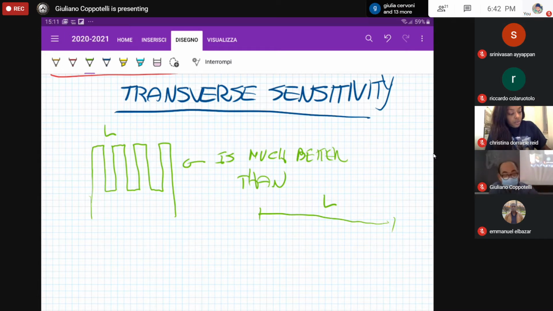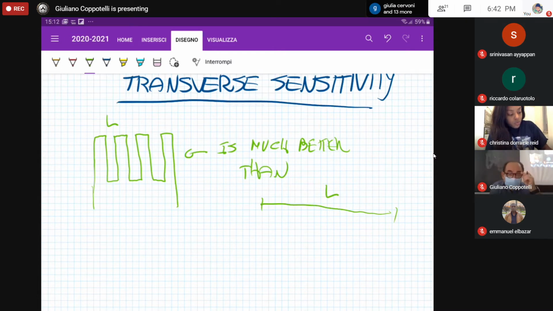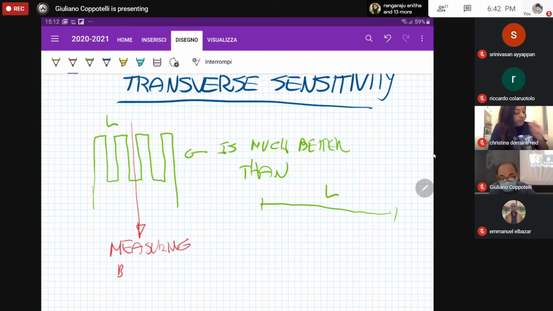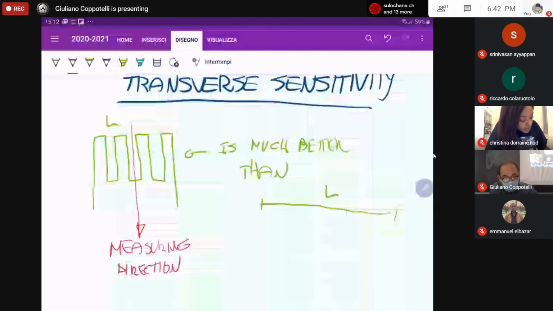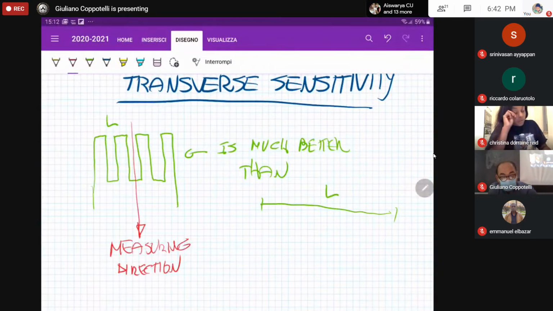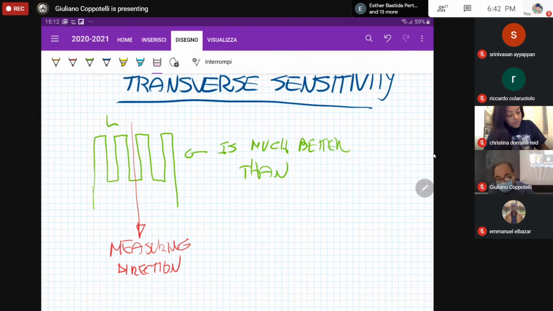Okay, but because of that, and if this is, for example, the longitudinal direction, okay, so if we are precise, then the cable should be like this.